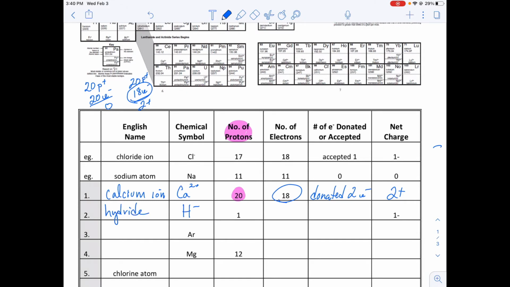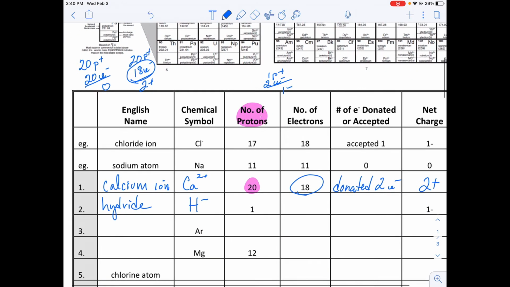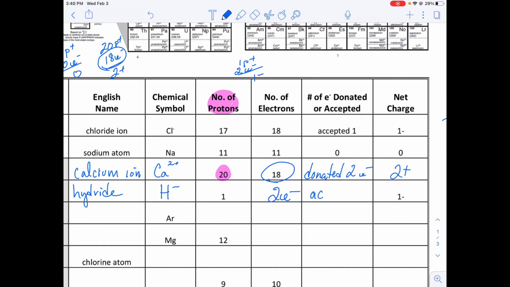The symbol is H negative, and if it has one proton and a 1 negative charge, then it must have 2 electrons to be able to get that 1 negative charge. So it's got 2 electrons, and it must have accepted 1 electron. Because a hydrogen atom would have been 1 proton and 1 electron for 0 charge. If it has 2 electrons, it must have accepted 1.